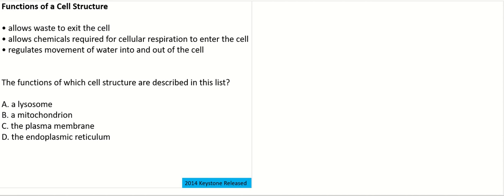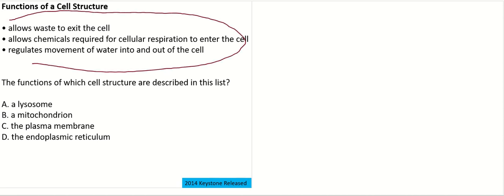Okay, this problem gives us a list of three things that describes the job or the function of a cell structure. All right, so we've done no checks on this. What part of the cell has the job to remove things?